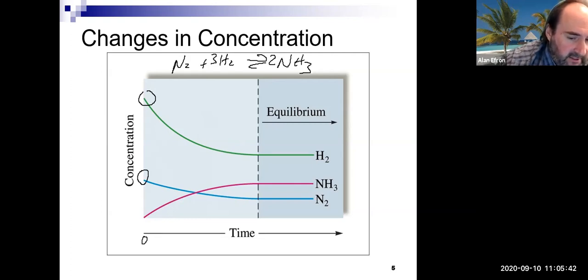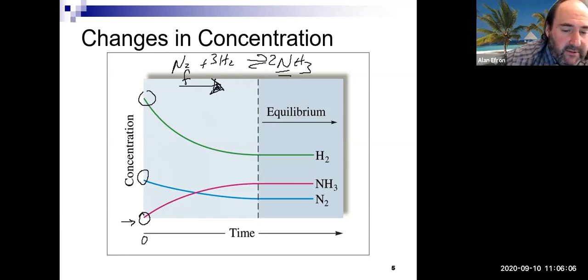We have none of our products present. As the reaction starts, the forward direction has to predominate, because the only way we could get the reverse reaction to occur is if we actually start making some of these products. So at the kickoff of this reaction, we're going in the forward direction.